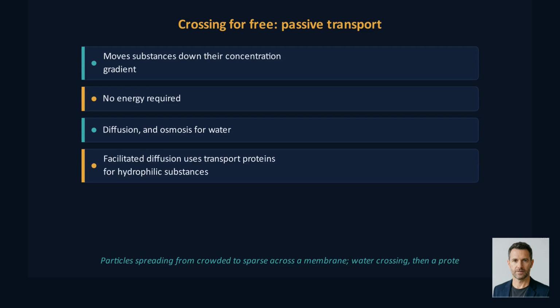A special case is osmosis, which is the diffusion of water across a selectively permeable membrane. And when a substance is hydrophilic and cannot slip through the oily core on its own, the cell offers facilitated diffusion, which uses transport proteins to let those water-loving substances pass. All of this is downhill, and downhill is free.